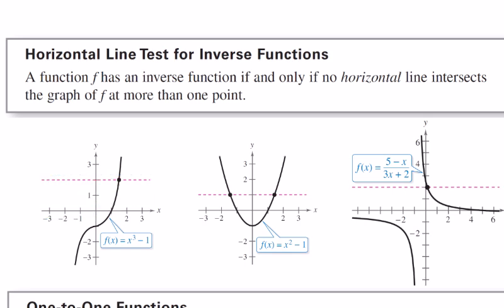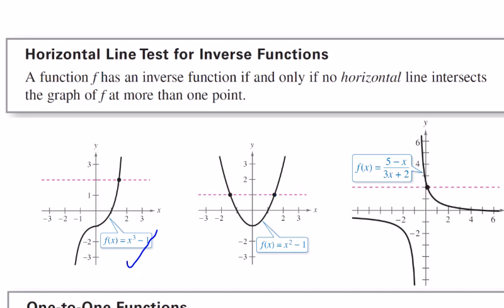And so this function here on the left, which is x cubed minus 1, does pass the horizontal line test, right? So this would have an inverse, okay? Whereas with a parabola or quadratic function, if we were to draw a horizontal line, you can see the one here, it would cross at 2 points, right? And there's a few of those that we could draw that would cross at 2 points.